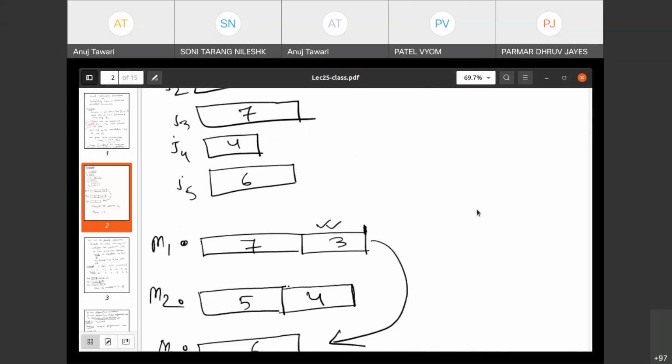Okay, there is one more idea we have. Sort the jobs in descending order of time.